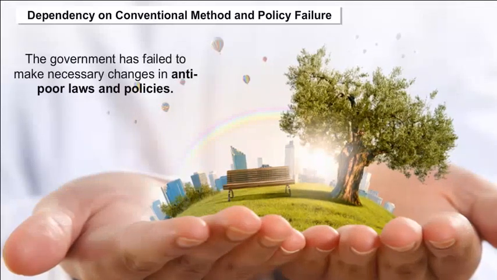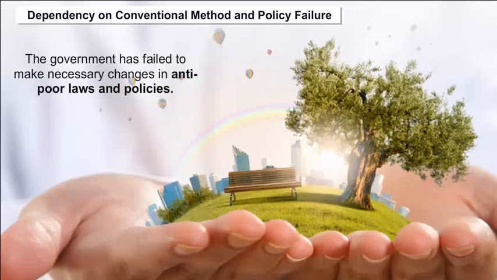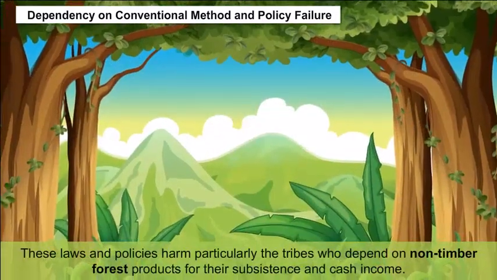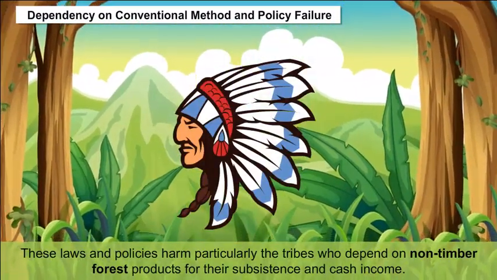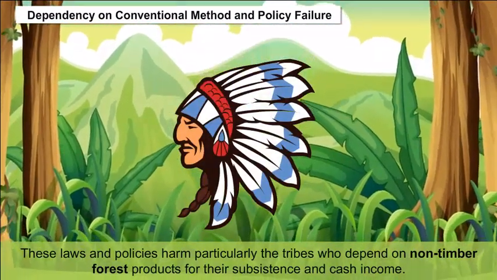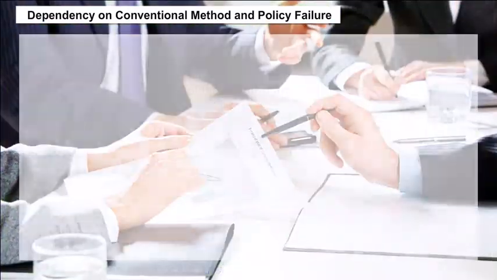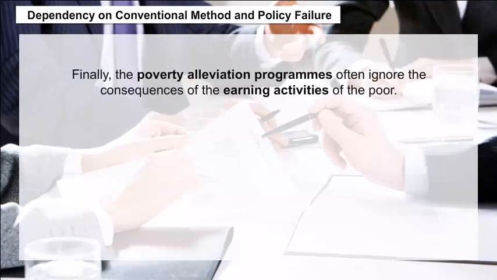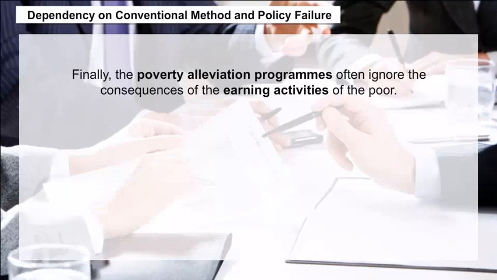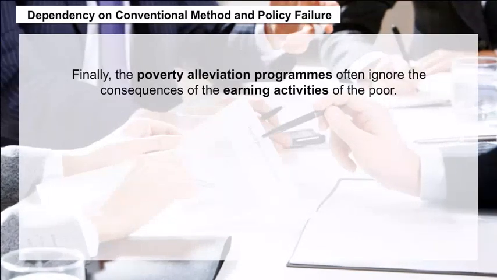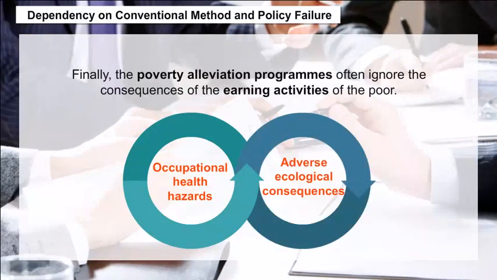The government has failed to make necessary changes in anti-poor laws and policies. These laws and policies harm particularly the tribes who depend on non-timber forest products for their subsistence and cash income. Finally, the poverty alleviation programs often ignore the consequences of the earning activities of the poor in terms of occupational health hazards and adverse ecological consequences.